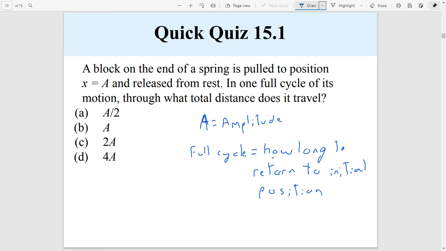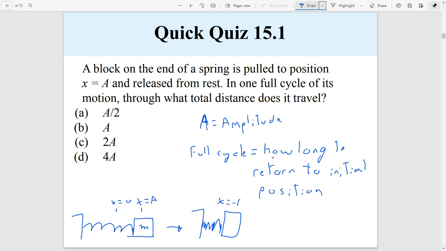So if you consider the block in its initial position has been stretched past equilibrium to a distance of A, and we suppose that the equilibrium position is somewhere in the middle. Then it'll get pushed back, compress to a distance of x equals -A, and then it'll have a restoring force that'll push it back to the right into a stretch.